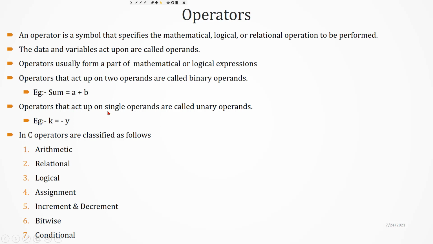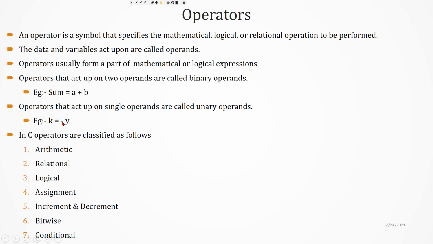Operators that act upon a single operand are called unary operators. So here k equal to minus y. y will have some value, and when I write k equal to minus y, it will be converted into a negative value and stored in k.